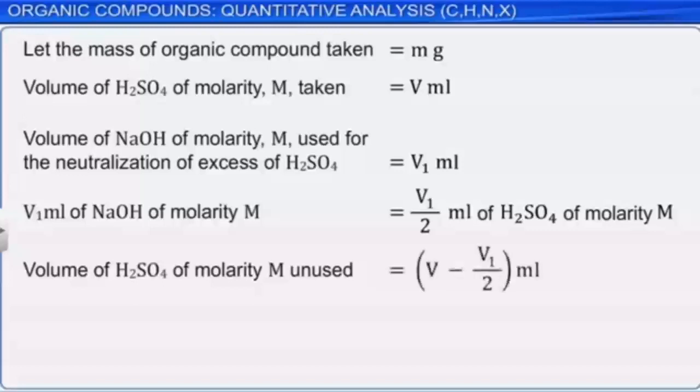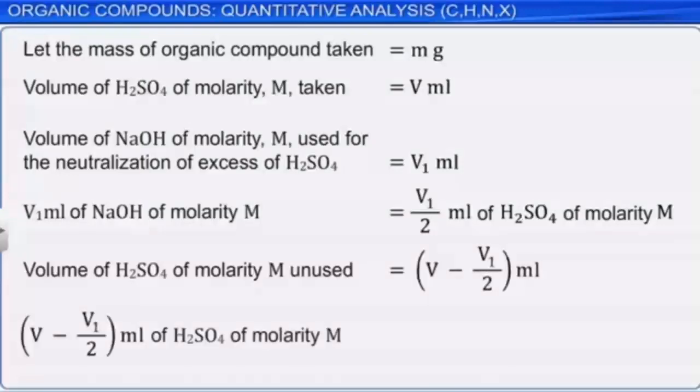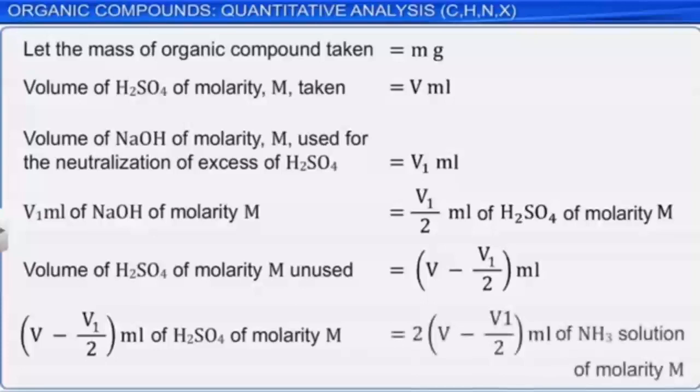V minus V1 by 2 ml of sulfuric acid of molarity M is equal to 2 multiplied by V minus V1 by 2 ml of ammonia solution of molarity M. From the equation, we get that this is equal to twice the volume of the ammonia solution of molarity M.